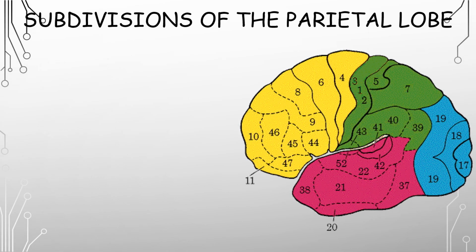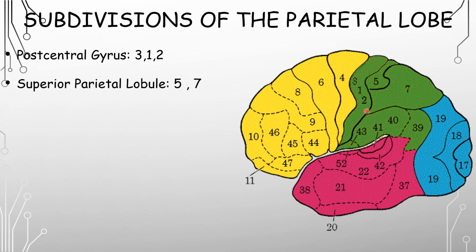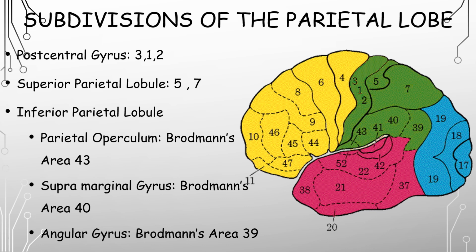So let us discuss the subdivisions of the parietal lobe. The postcentral gyrus or the primary sensory area, 3, 1 and 2, and the superior parietal lobe, 5 and 7, are the sensory association areas.